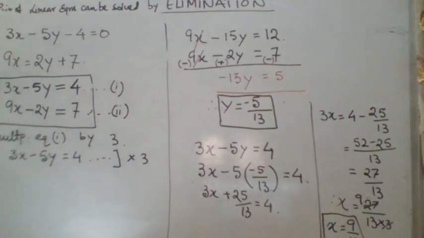So question number 2, we will solve the first part by elimination method. This is a word problem. First of all, we will frame the equation. The equation is not given. We will frame the equation and then we will solve it.